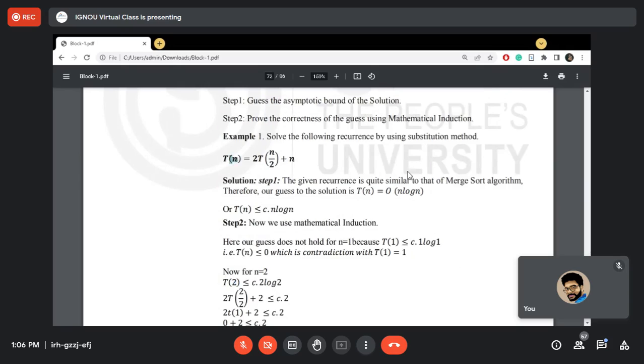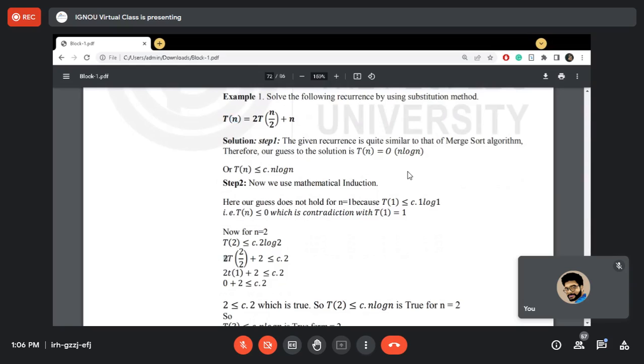When we put 2 in place of n, we get 2T(2/2) plus 2, less than or equal to, log base 2 of 2 is equal to 1. When you multiply 2 with 1, you get the answer, that is c times 2. Any doubt till now?